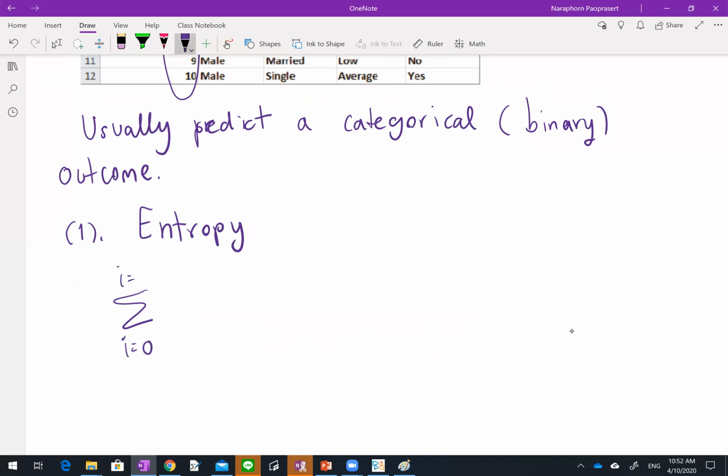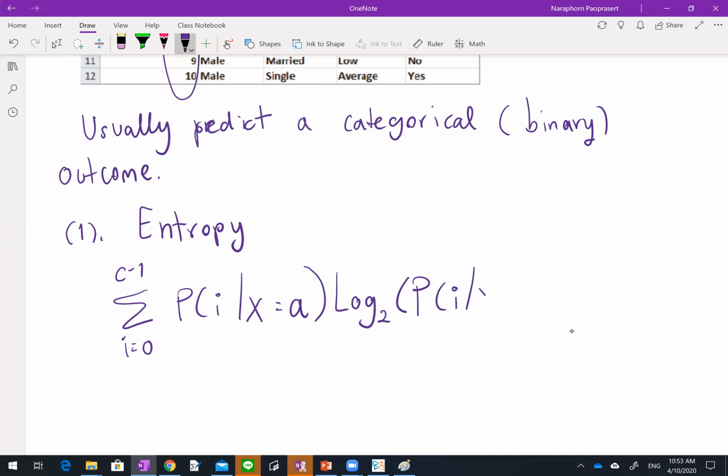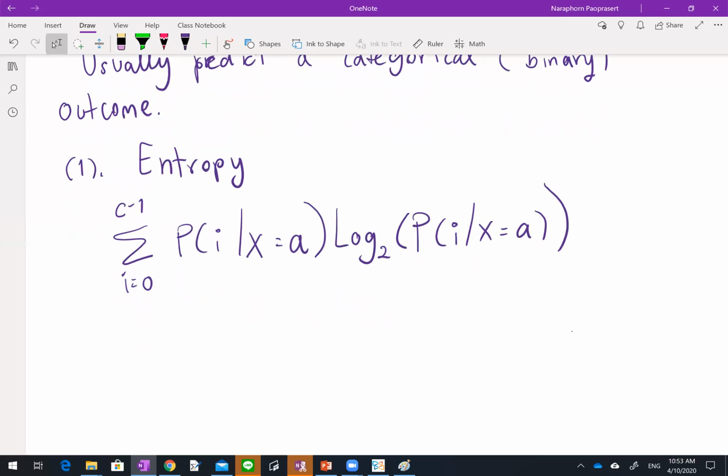The sum over i from 0 up until c minus 1 of p(i | x = a) times log 2 of p(i | x = a). I'll explain it with an example in just a minute. So this is how you calculate the entropy.